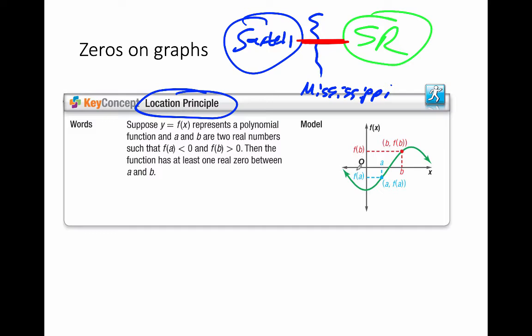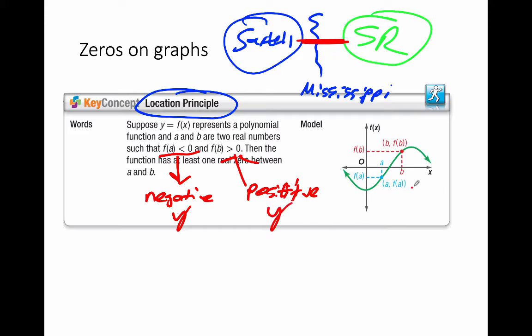Okay, so here's what the location principle says. If we think about this is the river and Sartell down here and Sauk Rapids down there, the only way that you can go from a negative y value to a positive y value greater than 0, positive.